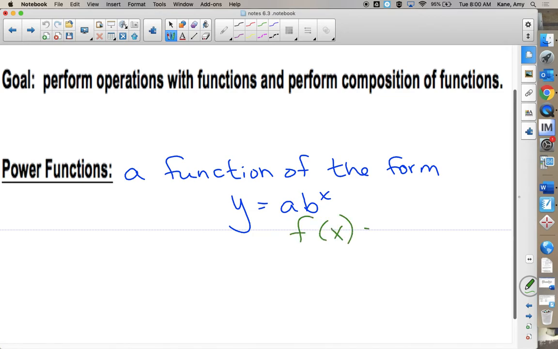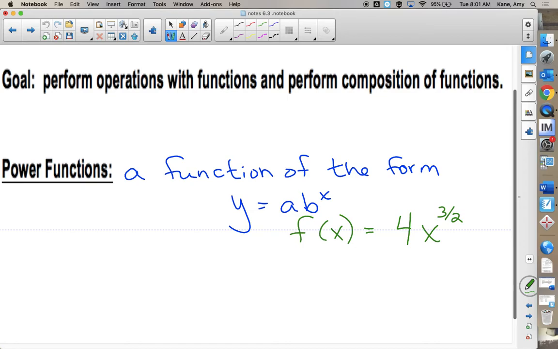So I could say f of x is equal to 4x, maybe to the 3 halves. That's a power function, which is what we've been working with, except they have been expressions. So everything we've done has just been an x or maybe a y. It hasn't actually been a function. So a function, once you place the x and the y together into an equation form, then you have a function. So we've been working with these, we just have been working with them as expressions.